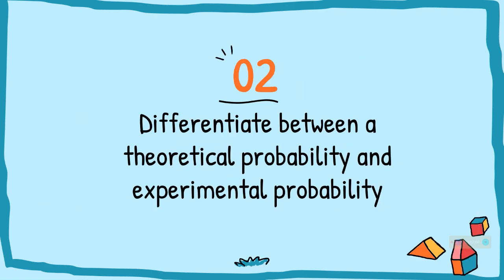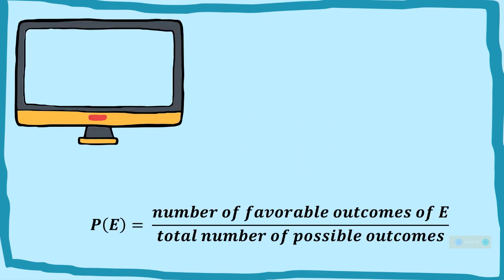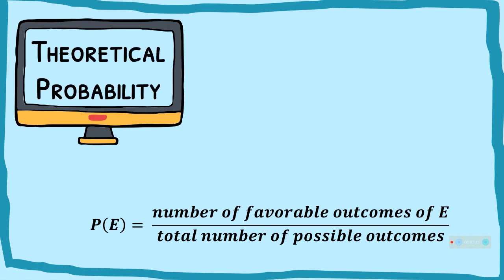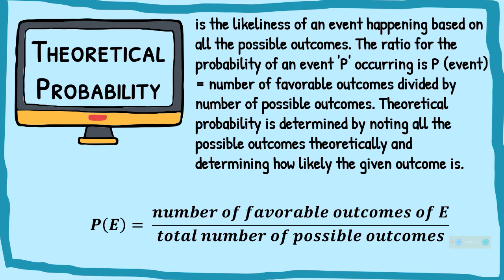Okay? Next, let's have the second objective. Differentiate between a theoretical probability and experimental probability. Let's have the theoretical probability. It is the likeliness of an event happening based on all the possible outcomes. It is the ratio for the probability of an event P occurring as P of event.